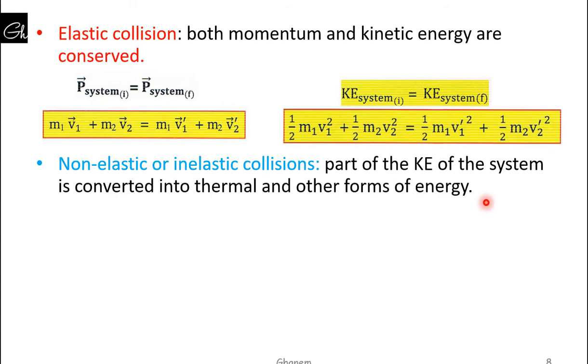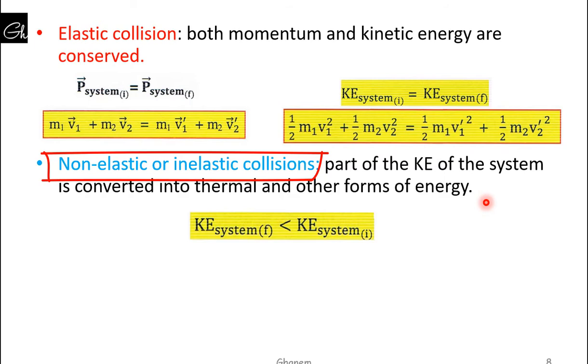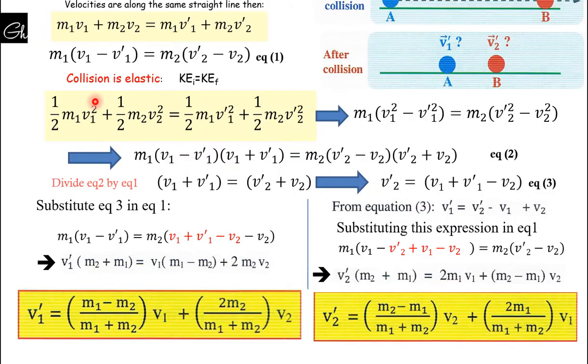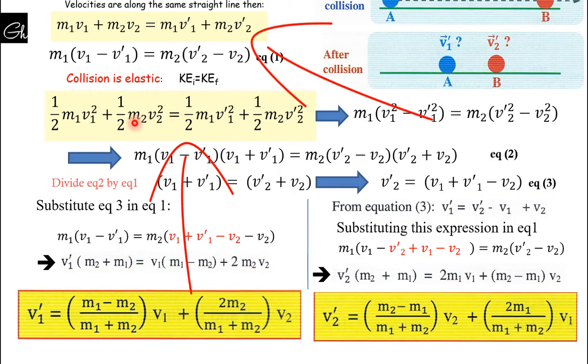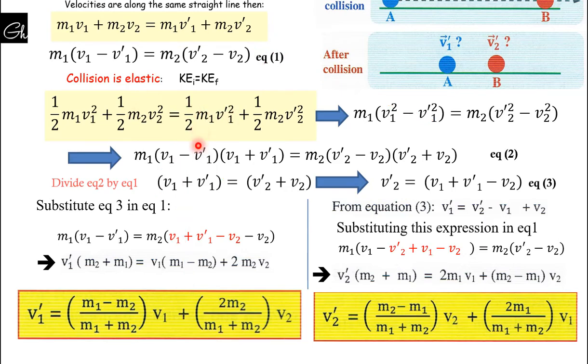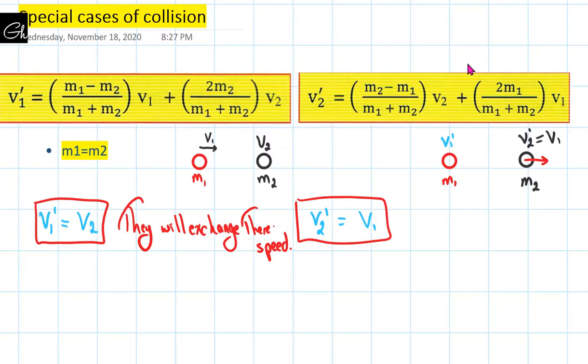While in a non-elastic collision, a part of the kinetic energy of the system will be converted into heat, and due to the deformation of the system itself. After using these two equations, the conservation of linear momentum and the conservation of kinetic energy, we will reach these two equations.